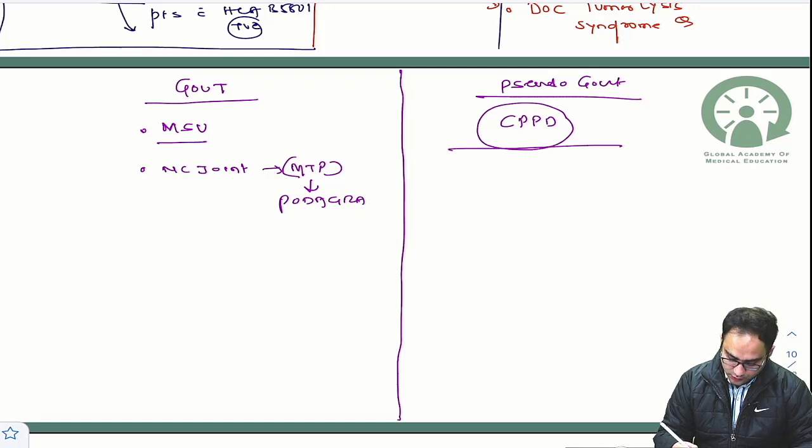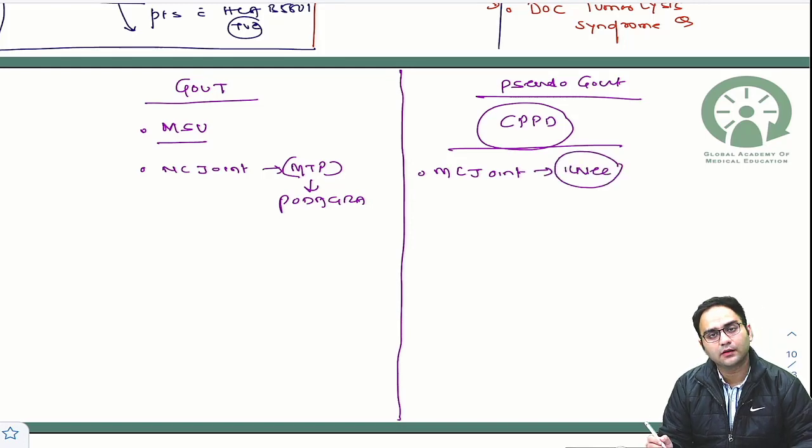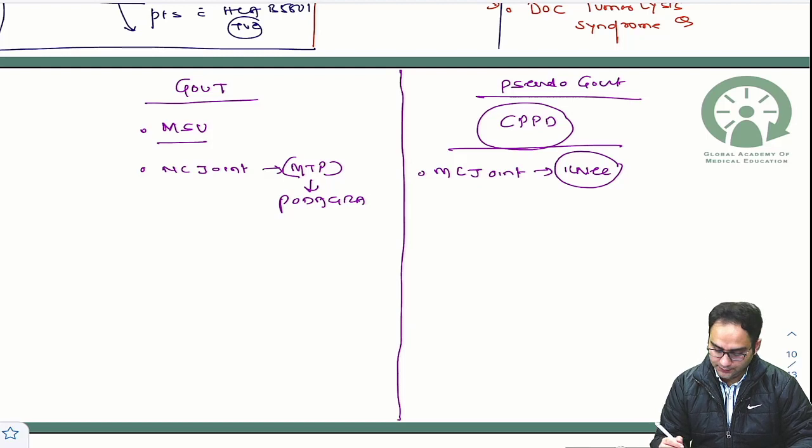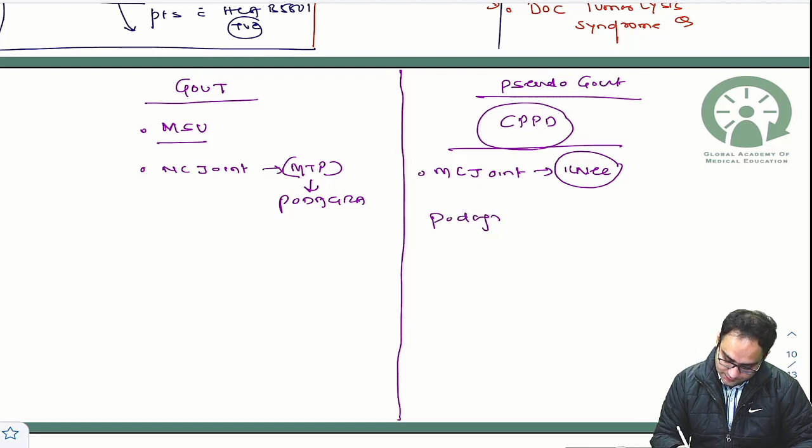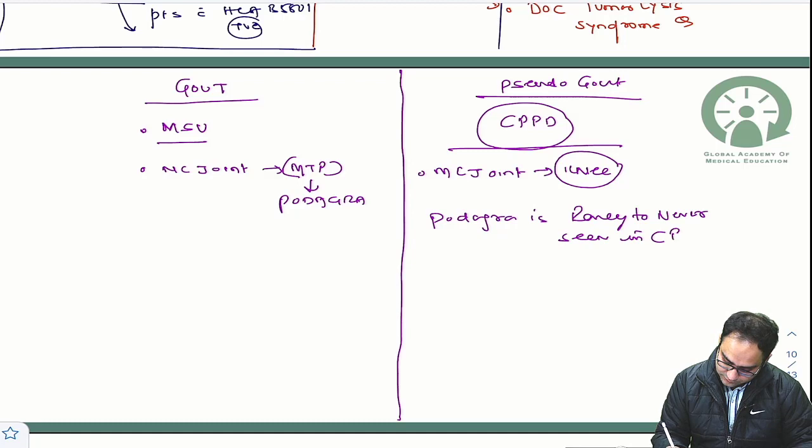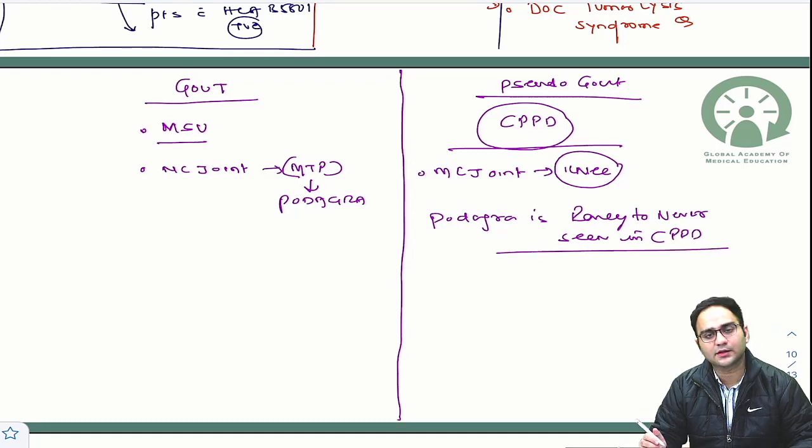In pseudo gout, the most common joint to be involved is knee. Podagra is rarely to never seen in calcium pyrophosphate disease.